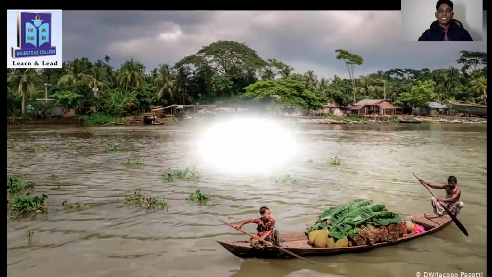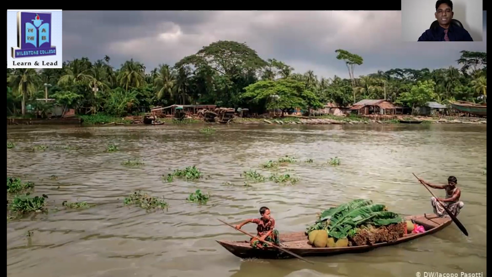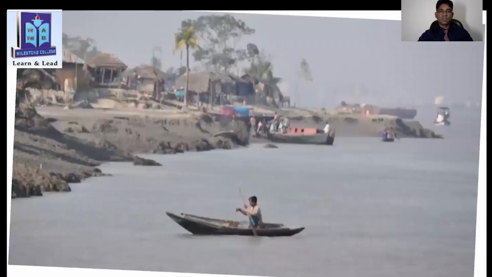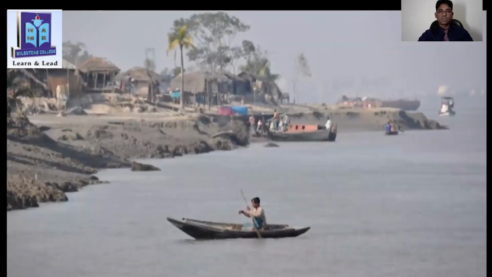First picture here, the very beautiful picture of our country, right? We can see here a small river and a boat with some goods, and you can see the village scenery, beautiful village scenery, isn't it? Okay, another picture here. What about the picture?